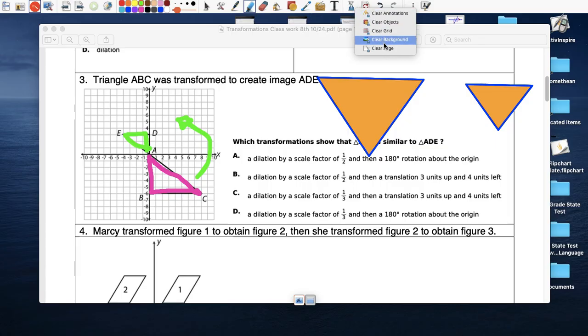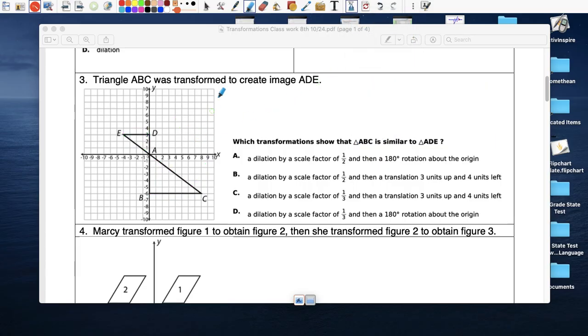If you remember your rotations, every single point on this triangle is exactly rotated 180 degrees, so they all ended up 2 quadrants over. So we knew there was a rotation and a dilation.